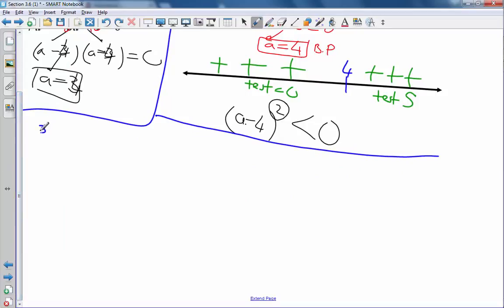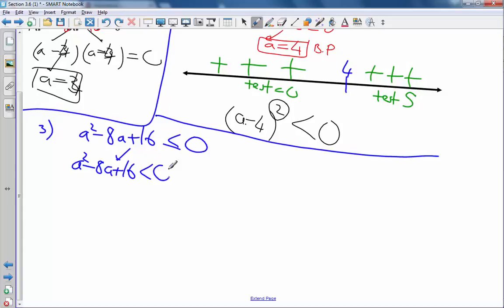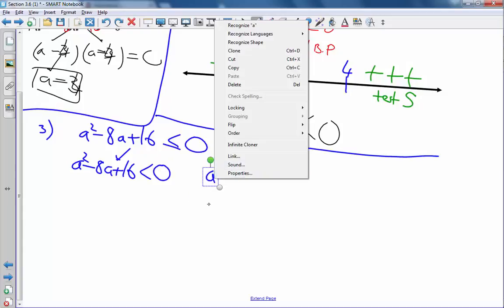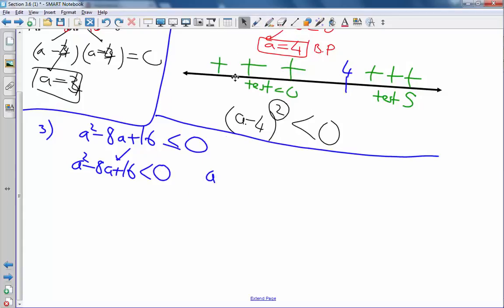And part 3 says, yeah, I know it never becomes zero. So this question has two parts now. One is strictly less. The other one is equal. This means less than or equal to.